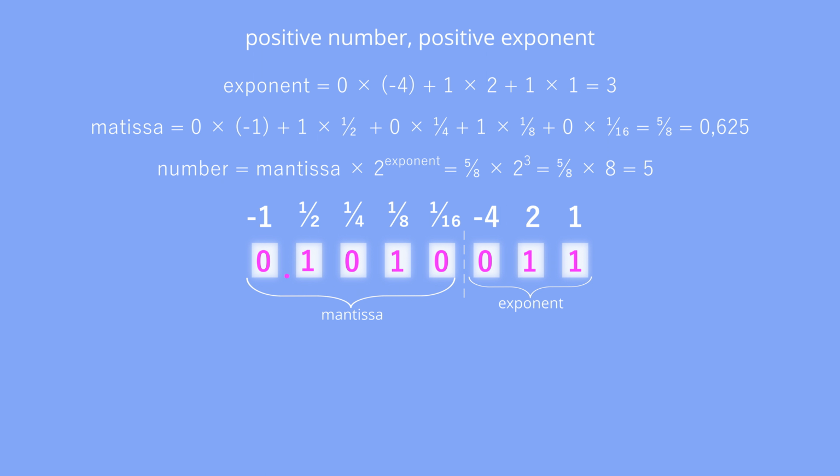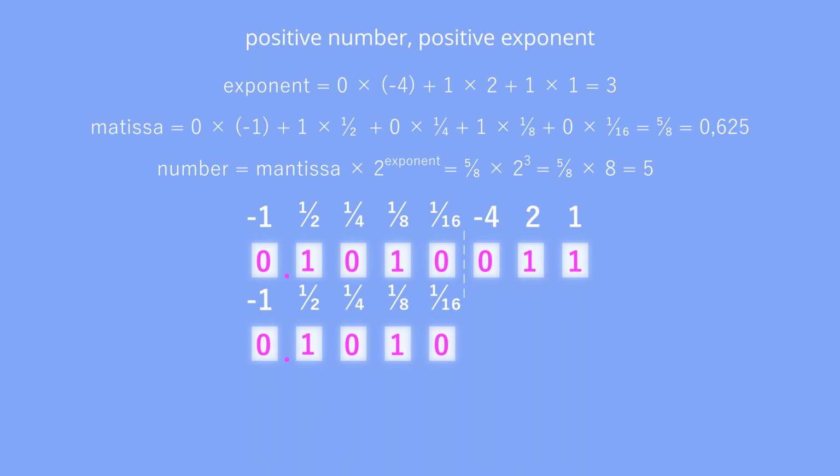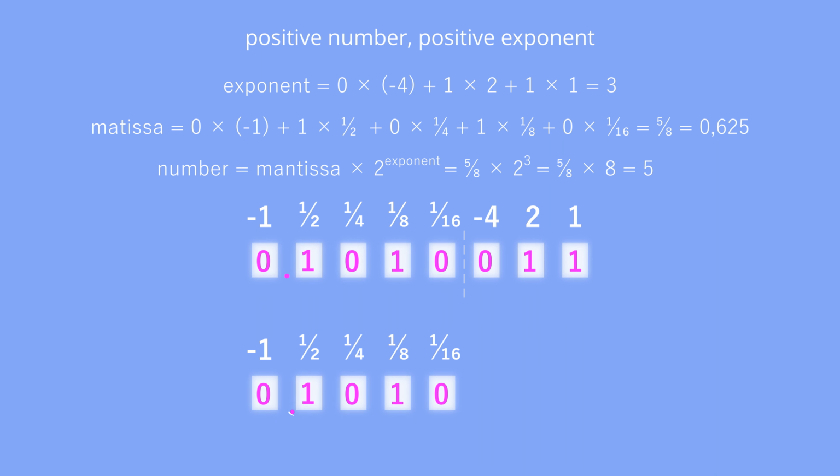Multiplication of mantissa by base to the power of exponent is equivalent to shifting floating point in mantissa by exponent positions. If an exponent is positive, to the right, and if an exponent is negative, to the left. In this example, we can see that when we shift the point, the weights of mantissa are changed.